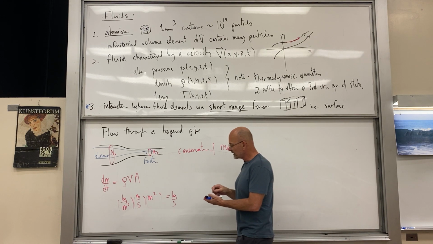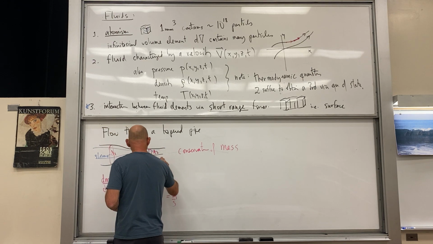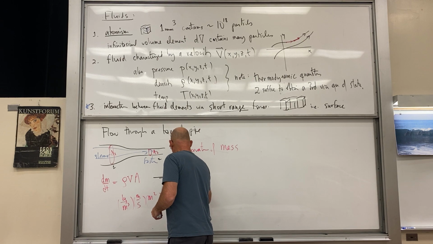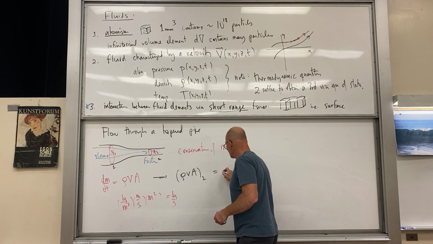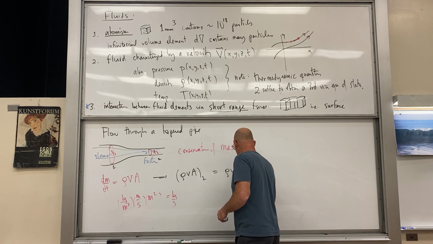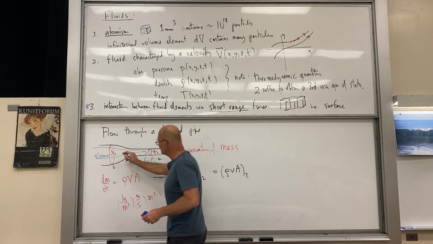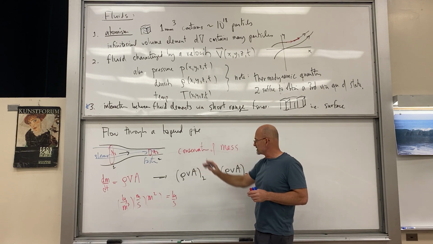And so in terms of these points 1 and 2, we have rho V A sub 1 is equal to rho V A sub 2. So we're just assuming a velocity vector just in the one direction, nothing fancy here, right?